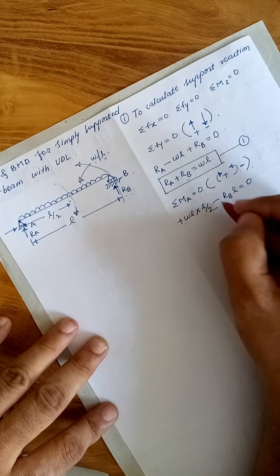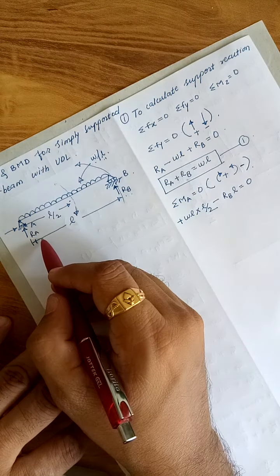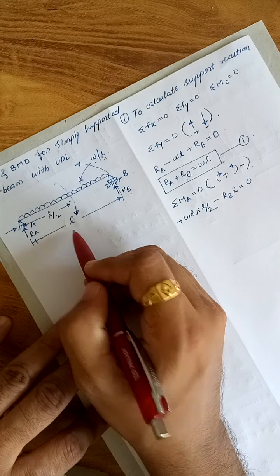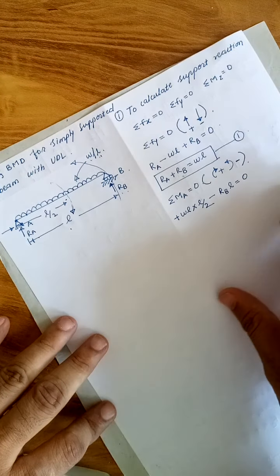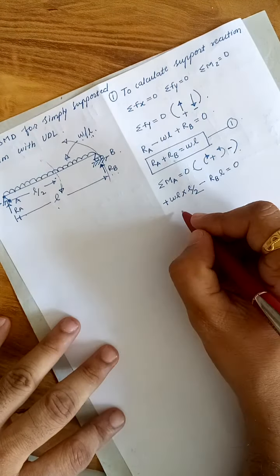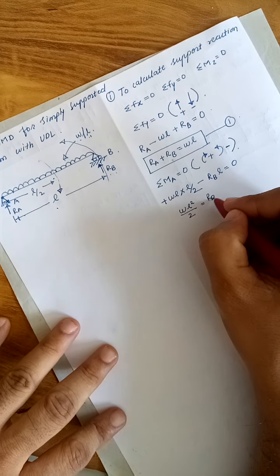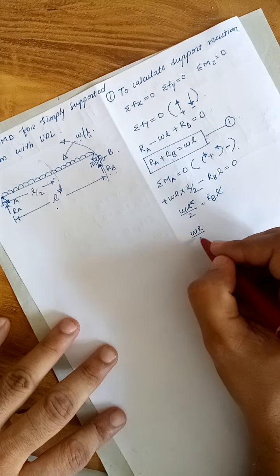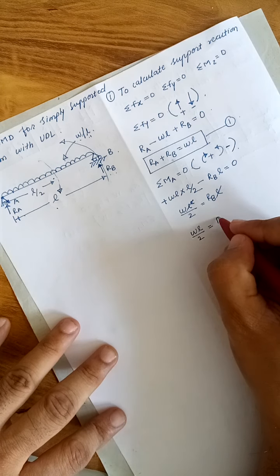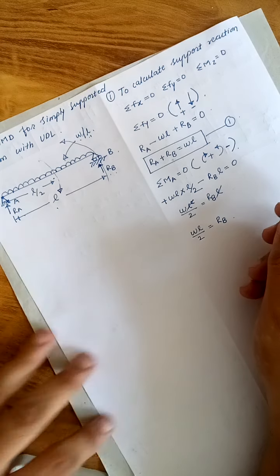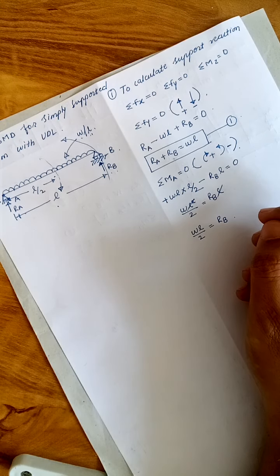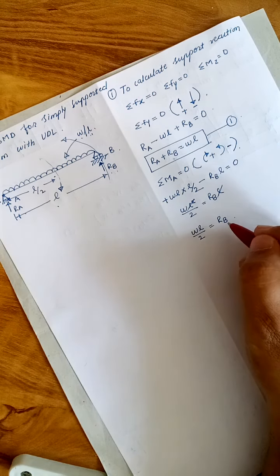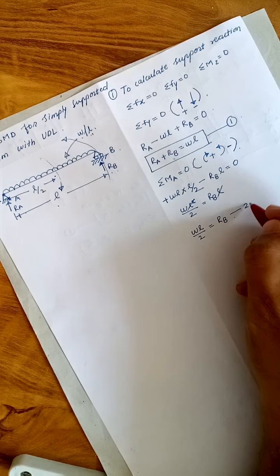This L and this L get cancelled, and WL by 2 will be the reaction at point B. So RB will be WL by 2.